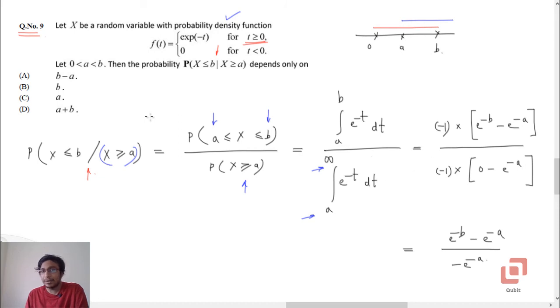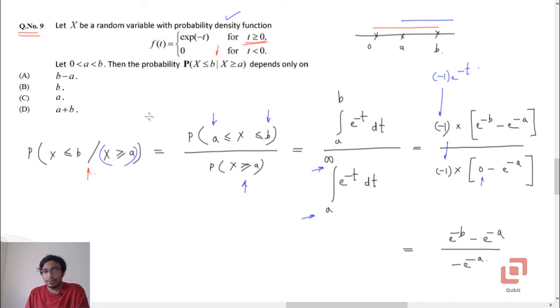Okay, now we all know e to the power minus t's integral is minus 1 times e to the power minus t. Okay, so if you substitute the limits, numerator will be minus 1 into e to the power minus b minus e to the power minus a. Same thing in the denominator, and e to the power minus infinity is 0. We all know that. Okay, minus e to the power minus a.